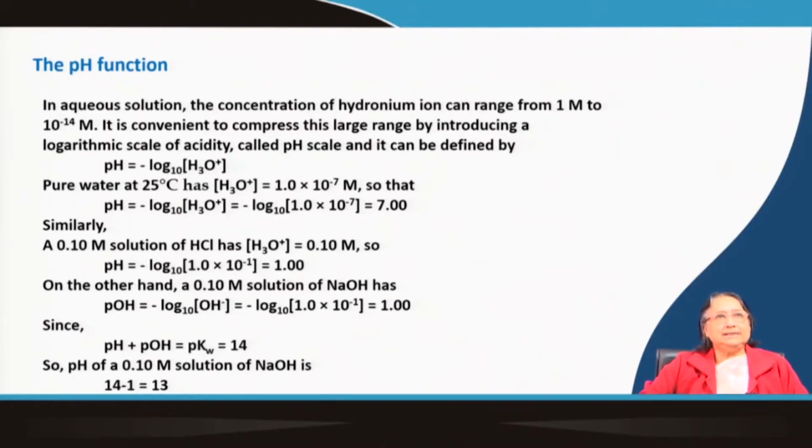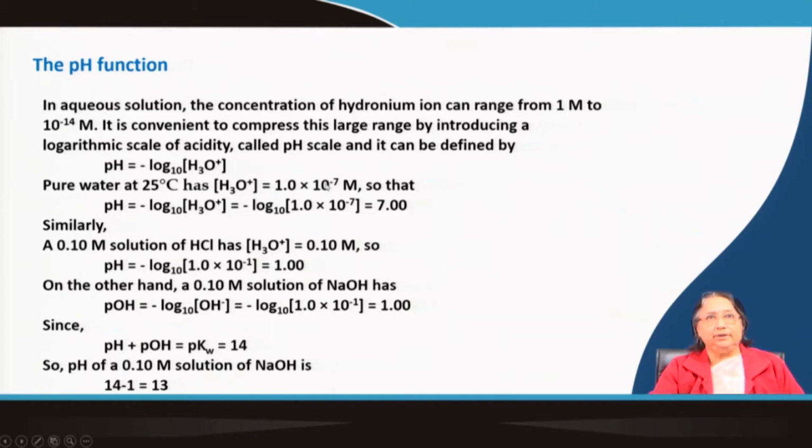Before going to acids and bases and their strengths, we must know what pH is. In aqueous solution, the concentration of hydronium ion, which I already explained in my first lecture, can range from 1 molar to 10 to the power minus 14 molar.